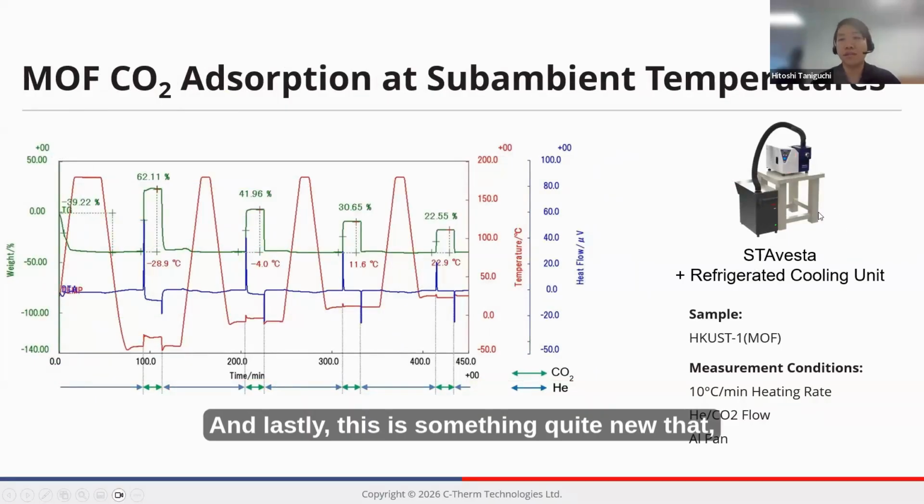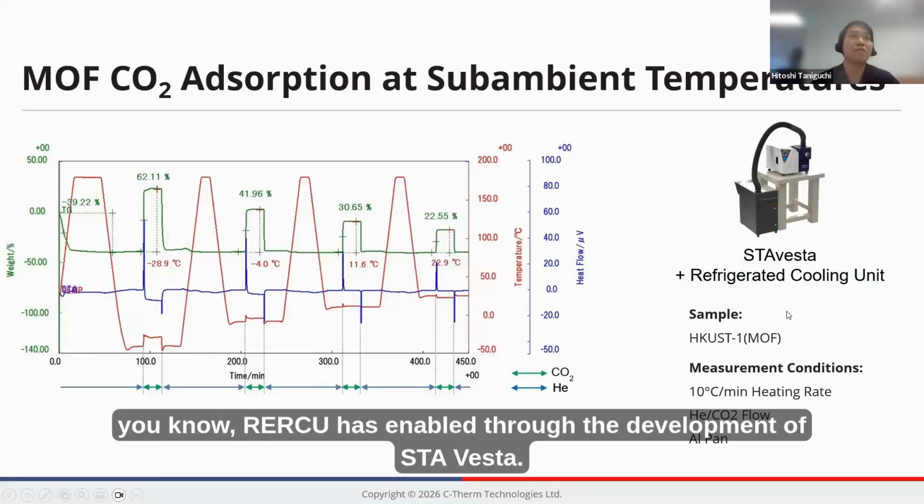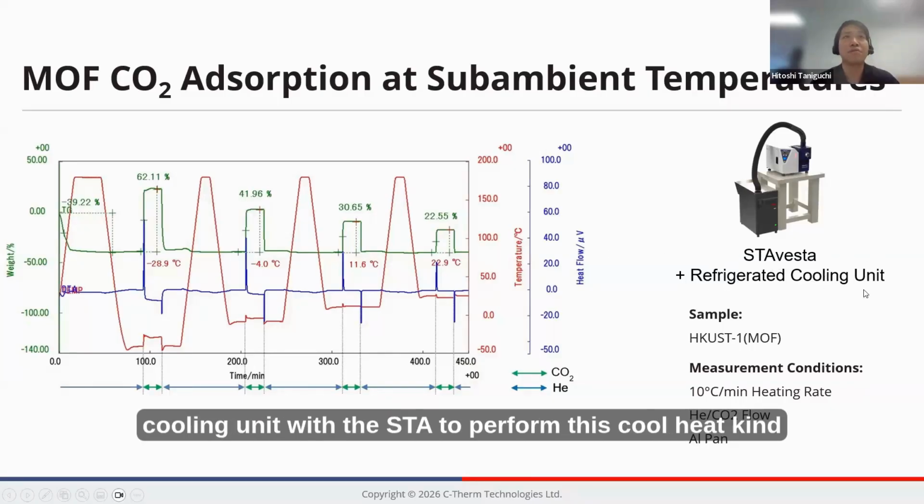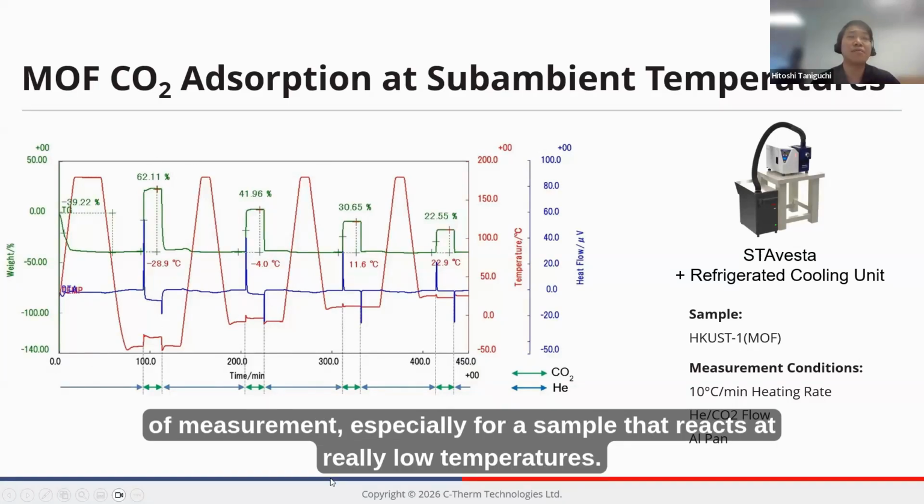And lastly, this is something quite new that Rigaku has enabled through the development of STA Vesta, but you can attach the refrigerated cooling unit to the STA to perform this kind of cool-heat measurement, especially for samples that react at really low temperatures.